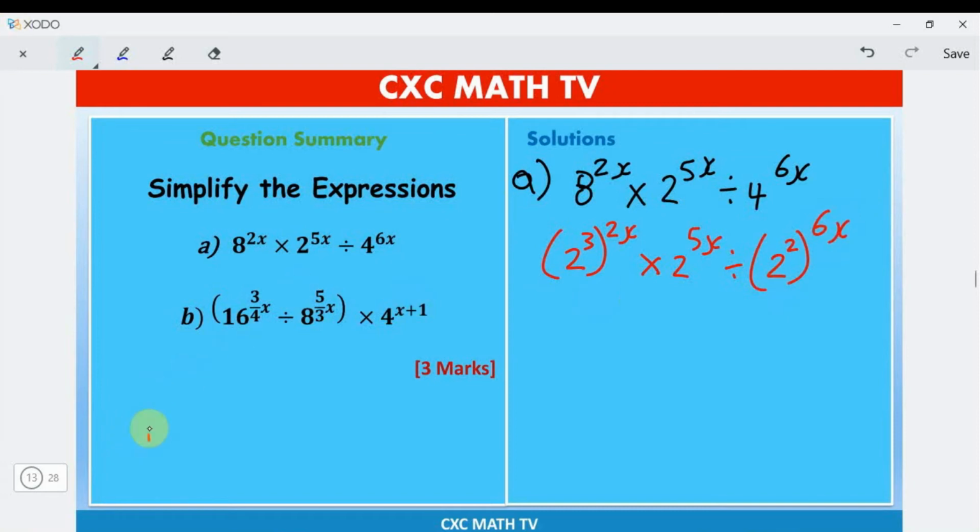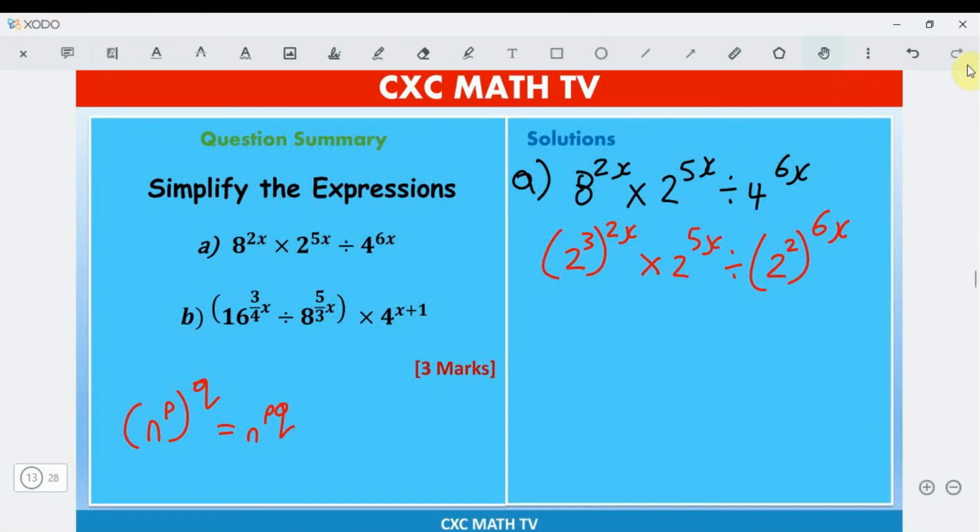Then we know that n to the p raised to the q is equal to n to the p times q. So we can rewrite 2 cubed to the 2x as 2 to the 6x, right?